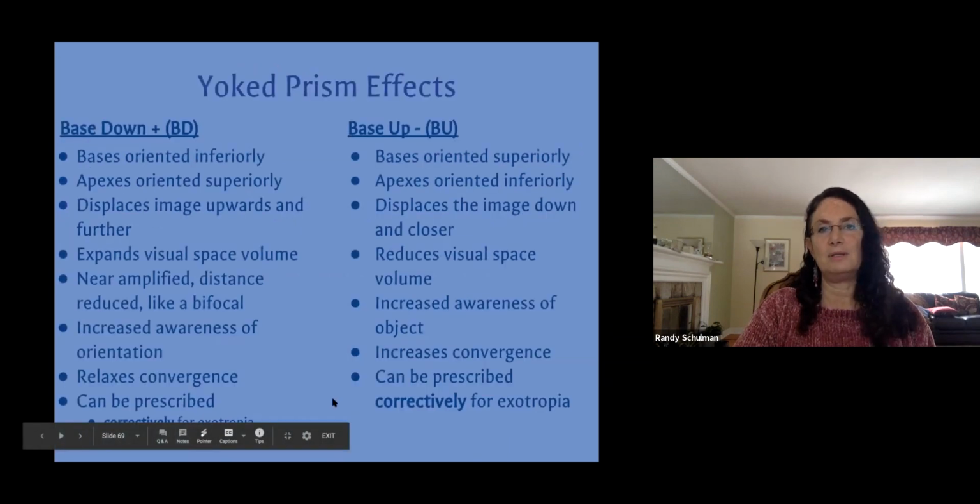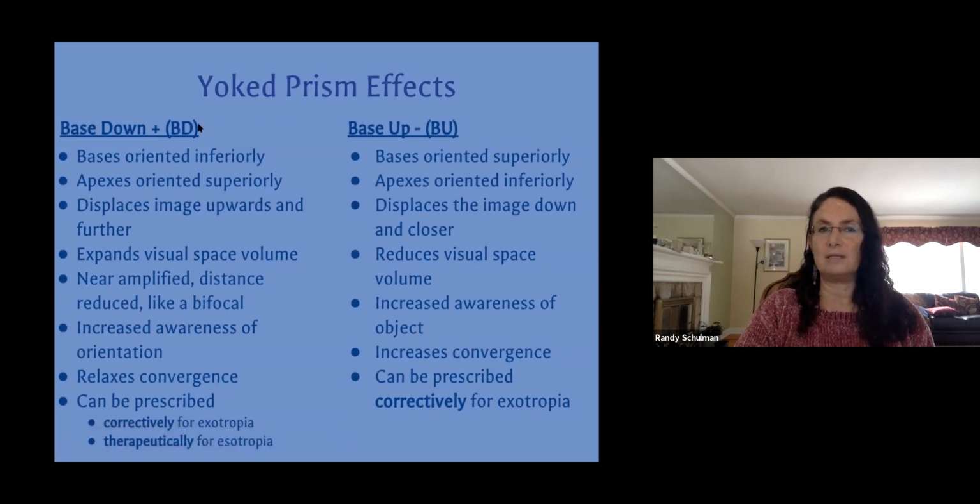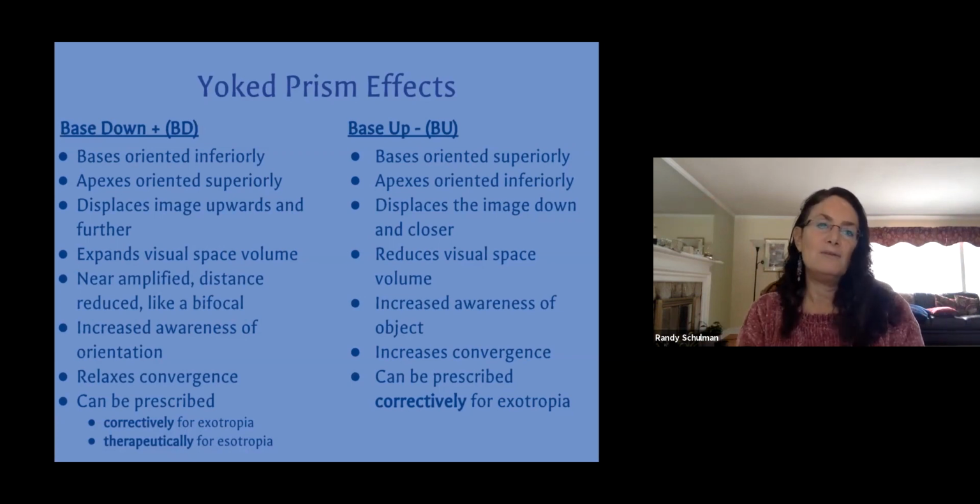So let's just talk about the yoked prism effect. Again, we've got base down and base up, and the base down has that plus effect, if you will. So the base down moves things up and out. It'll expand the visual space volume, similar to a plus lens or base in lens. It will increase awareness of their general orientation.